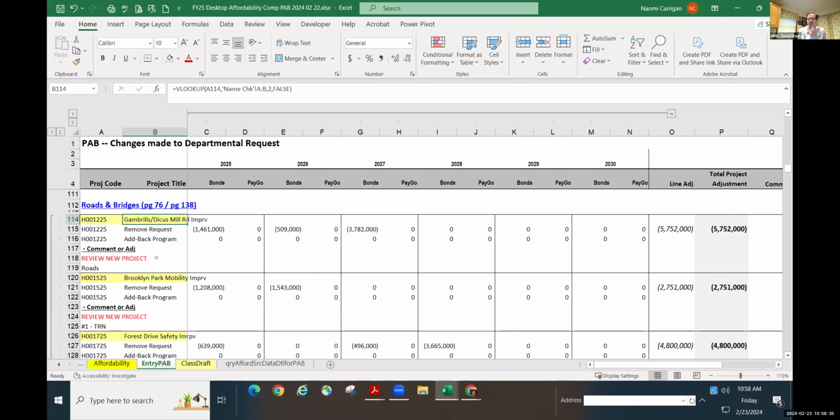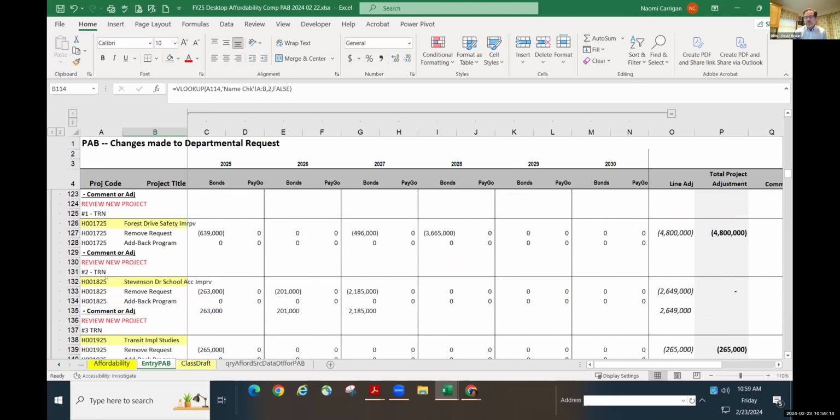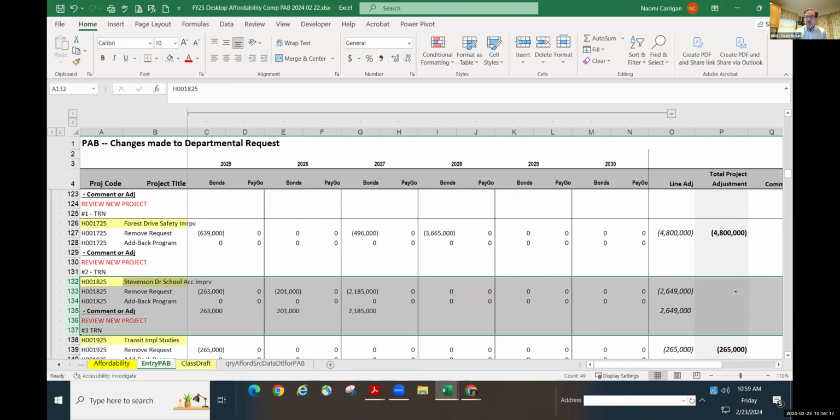Yeah, so two things. One on Gambrels: we're actually doing preliminary design under one of the multi-year projects that Highways has to get to 30%. So the work that's been done is under that program, and the intent here is to create a separate standalone for the rest of the design and the construction so that it doesn't take up all of the funding out of that highway safety program. As far as Stevenson Drive, yes, Severn Run High School is opening this fall.